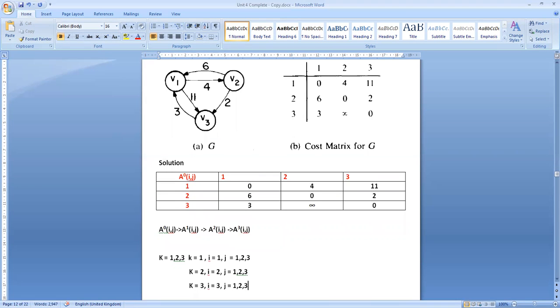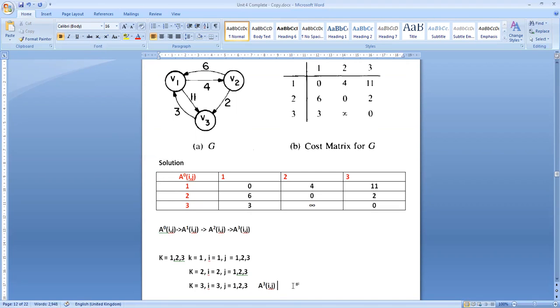When I have found out what this A3 of I comma j is, I would have found out the shortest path between every vertex and every other vertex. That is what my aim is.